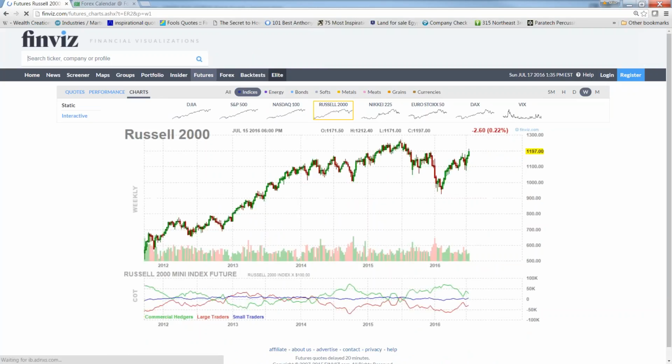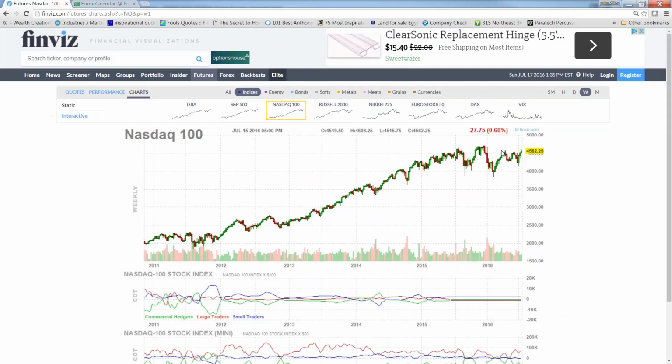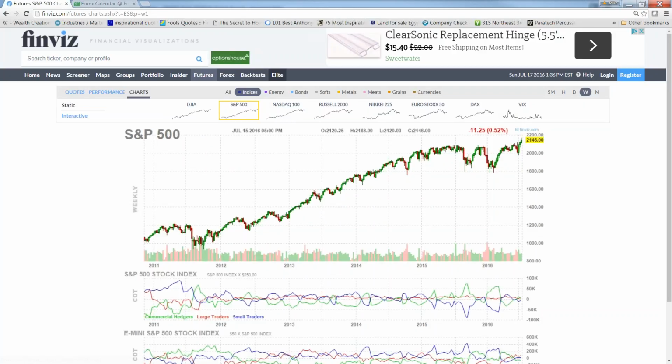Similar to the Russell, it has not broken above that resistance point. So the two large stock indices, 1,000 and 2,000 shares each, have not really broken to the upside. But you would see that the S&P has. We don't have a real follow through to the upside, but it just broke.